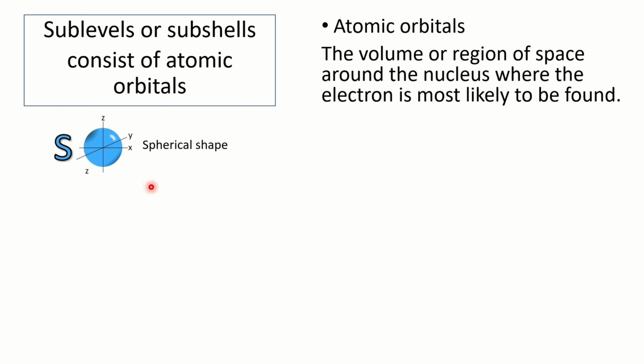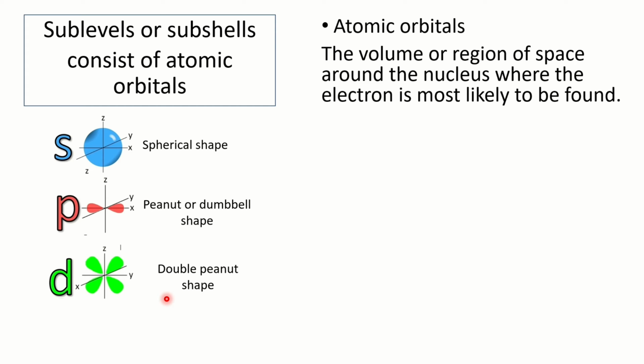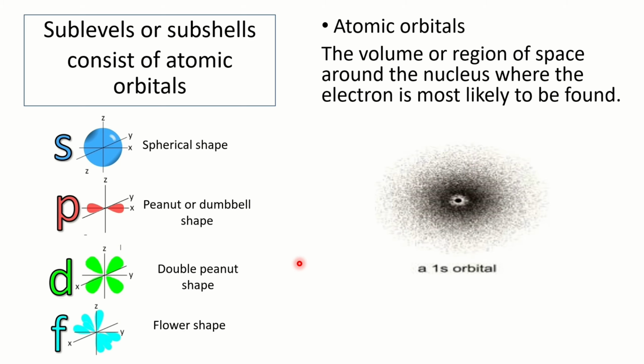And for the P sublevel, we have peanut or dumbbell shape. And for the D sublevel, we have double peanut shape. And for the F sublevel, this is the flower shape. Here is the shape of the probable location of the electrons.